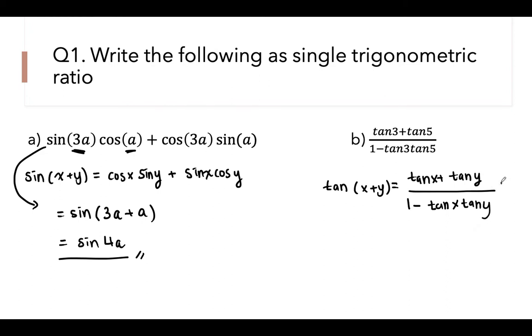Do you notice that it follows exactly the same pattern, except I can replace the angles with numerical values? In this case, x is 3 and y is 5. Therefore, the single trig ratio is going to be tangent 8.